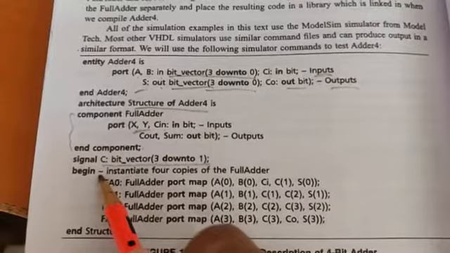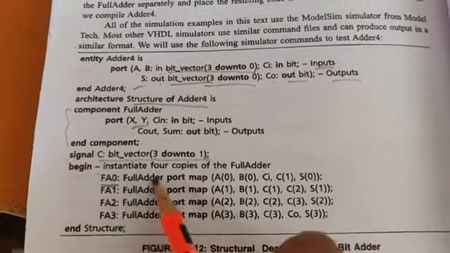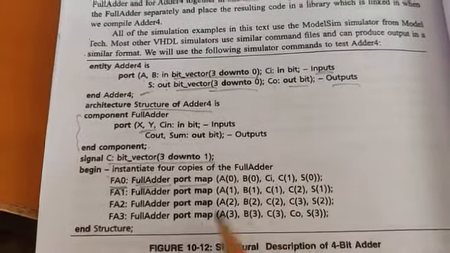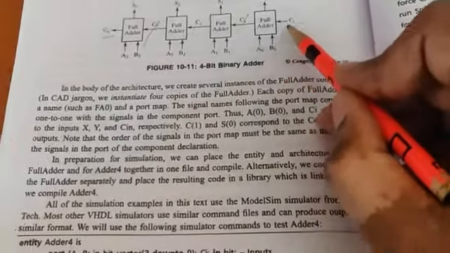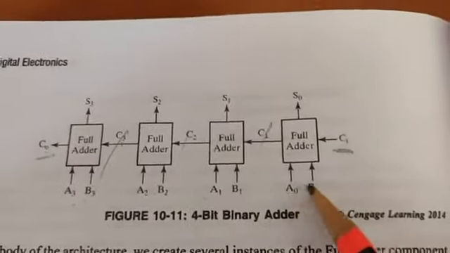Okay, begin. Signal name: full adder is the name of this architecture. Port map A0, B0, Ci, C1, S0. If you take this one, A0, B0, Ci are the inputs. 3 inputs here we have. A0 is an input, B0 is an input, Ci is an input. They have written the same thing.